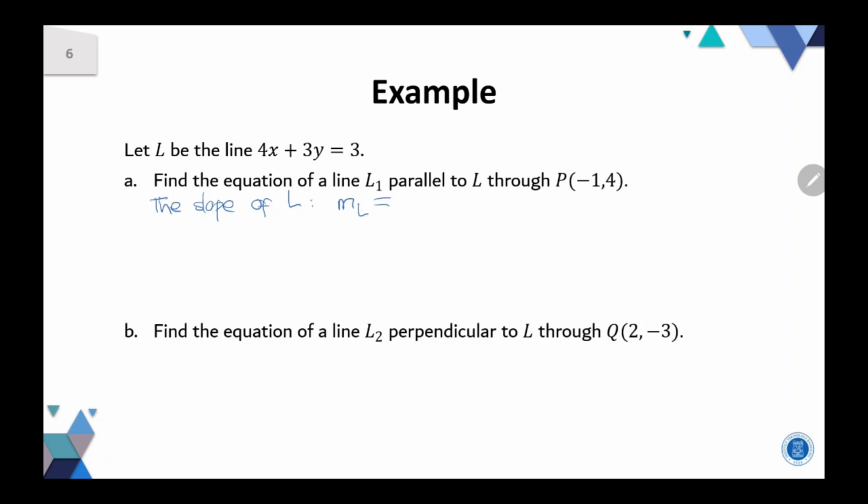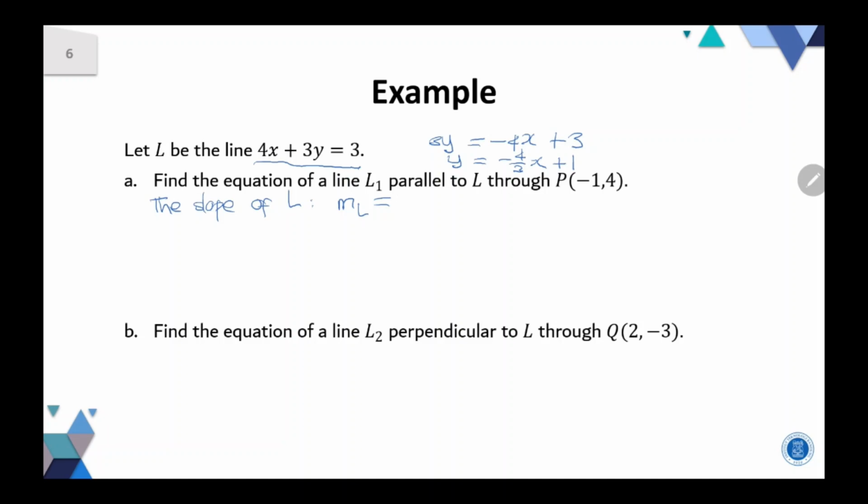Of course, we have to change this equation into the slope intercept form of a line. So here we have 3y is equal to minus 4x plus 3, and then y is equal to minus 4 over 3 x plus 1.